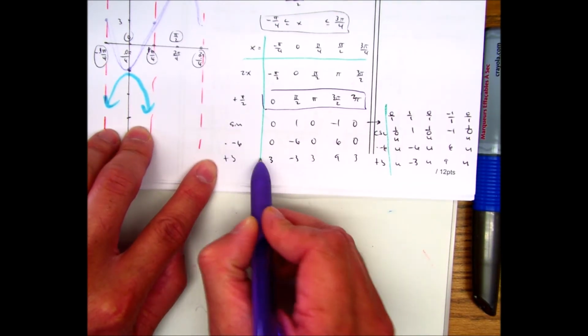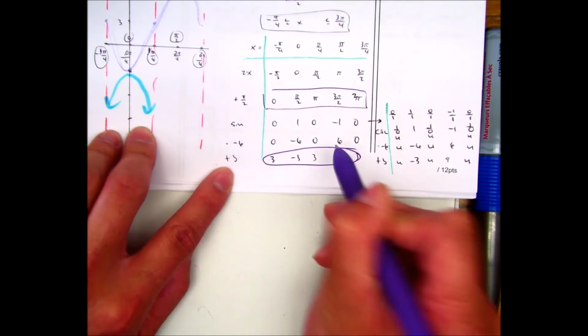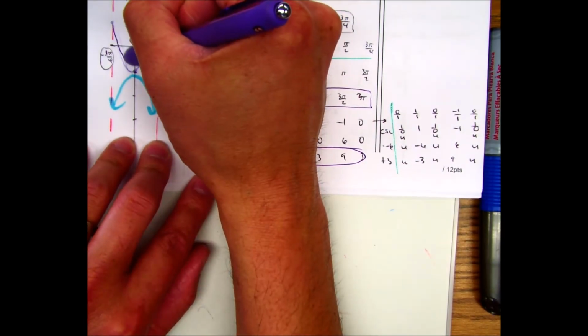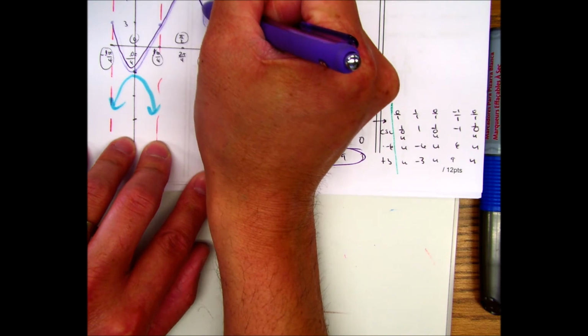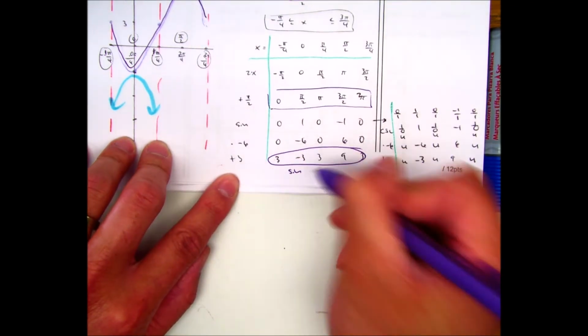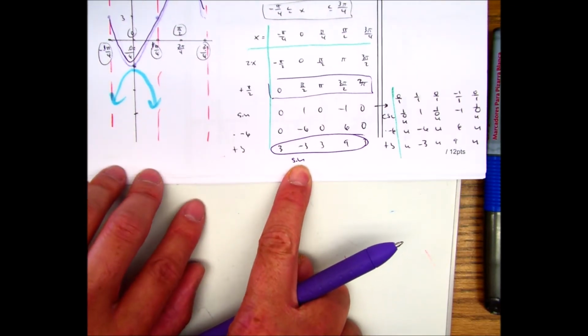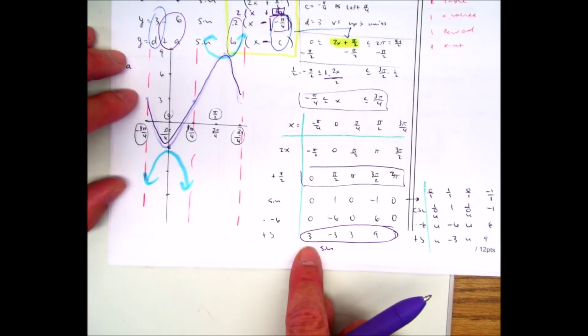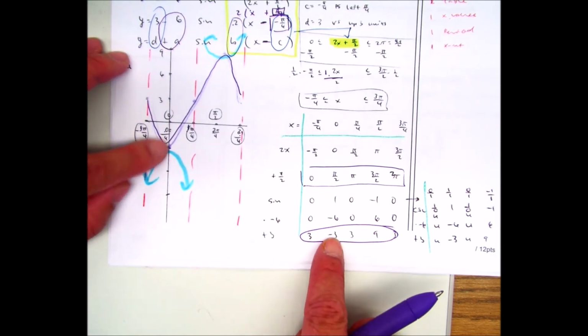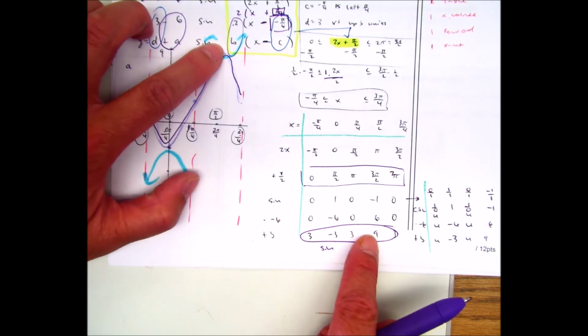Now this, here in purple, this is graphing sine, not cosecant. So my purple graph, negative pi over 4 is 3, negative 3, 3, 9, and 3.